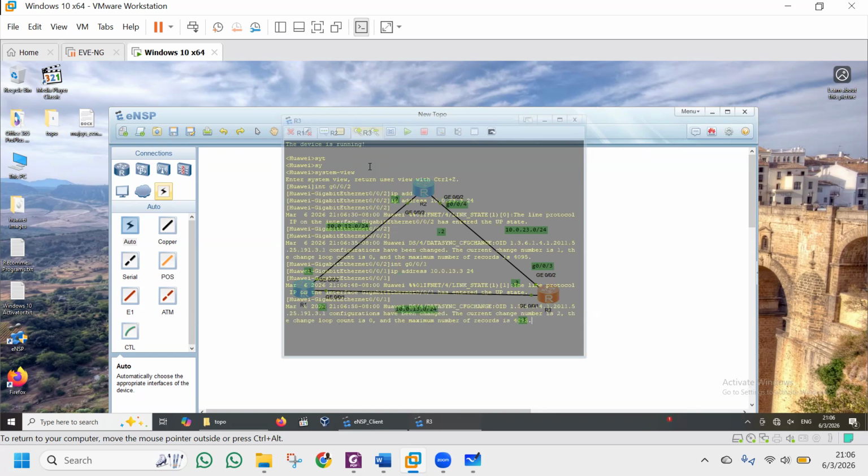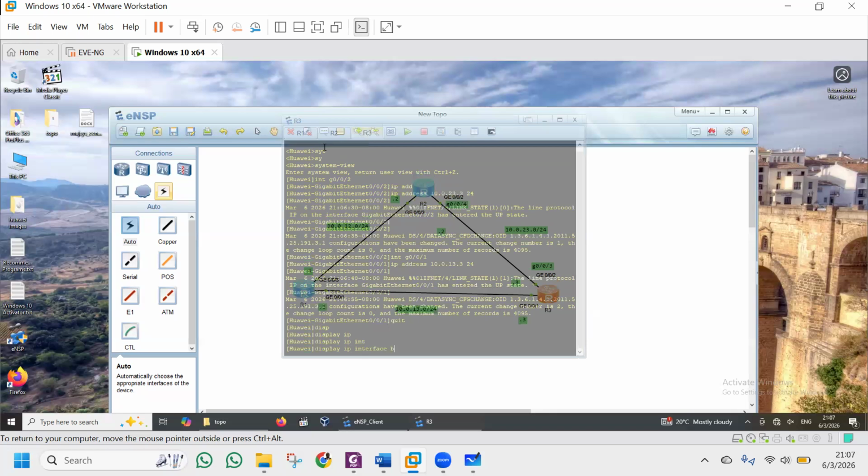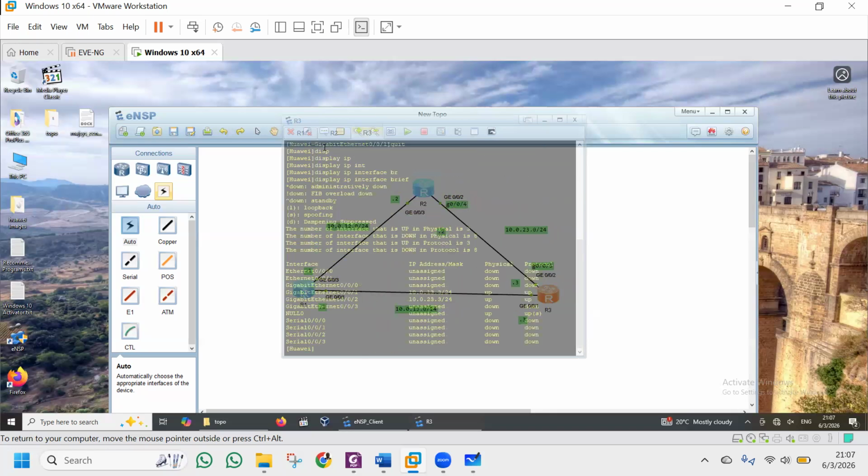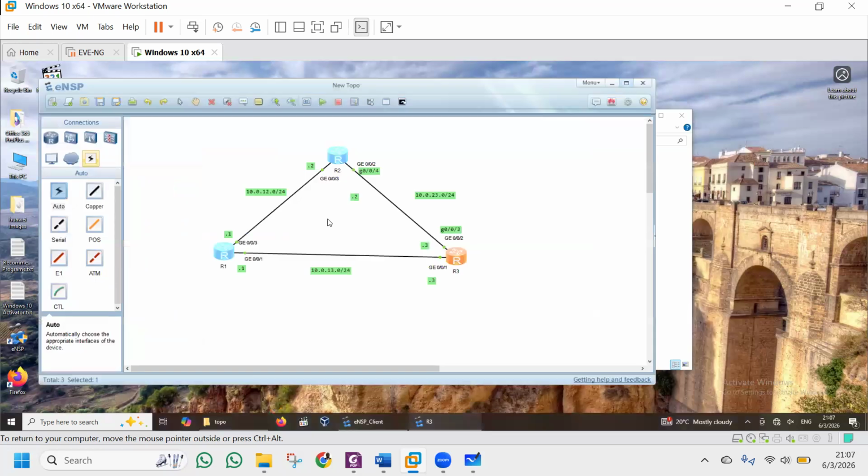Then we go to static routing, but before I go there, let me display the interface. Display IP interface brief, just to confirm if I've configured the right IP addresses. Can I zoom this in?